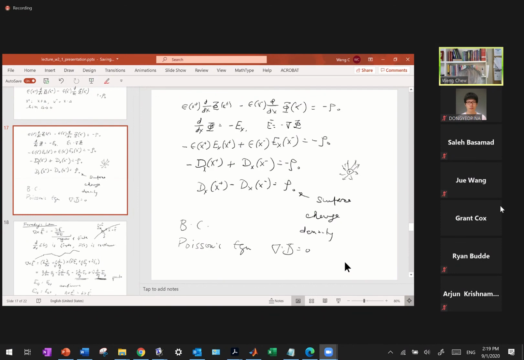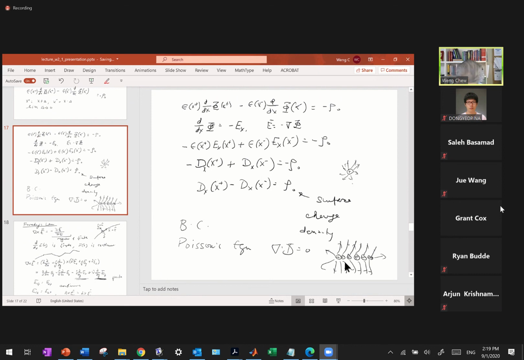If I have a whole bunch of them lined up together, the electric flux is going to look something like this. If one of them produces electric flux like that, a whole bunch of them will produce electric flux like that.